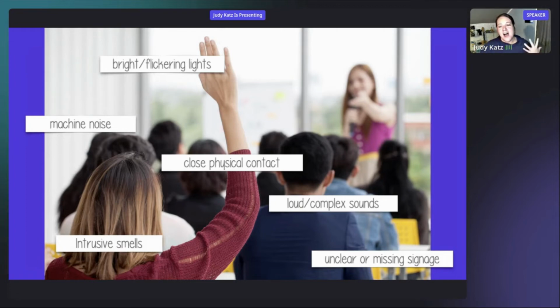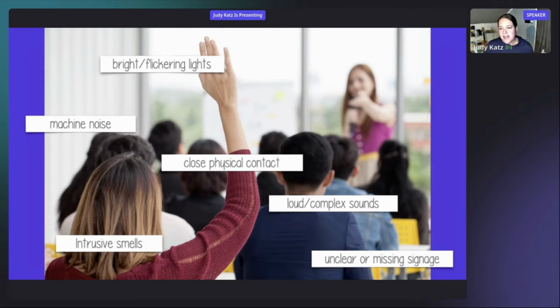Notice that everybody is looking directly into a bright, it's not even a wall, it's a wall of windows. This would be way too bright for me in person. It feels like everybody is sitting really close. So not only can that just feel too close in terms of personal space, but it also might mean that there's more smell that can be distracting. So intrusive smells can be a problem.